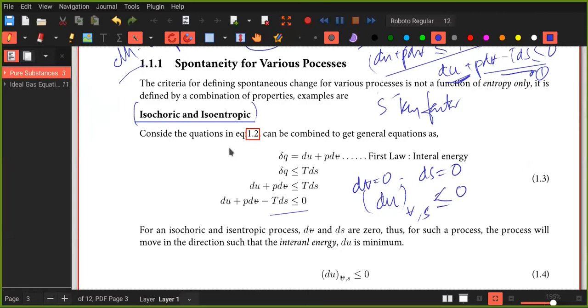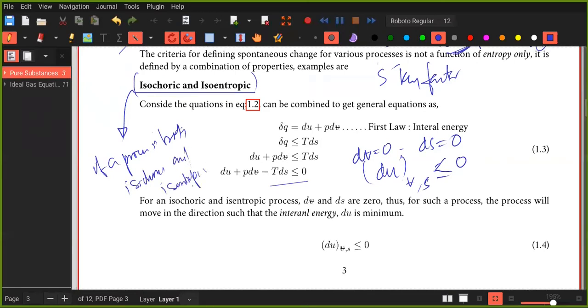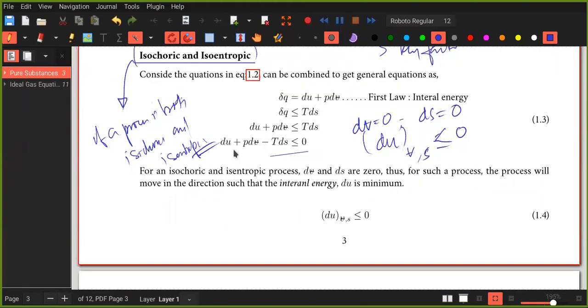So if a process is both isochoric and isentropic, the directionality of the process is governed by this equation, that is dU at constant volume and constant entropy should be less than or equal to 0.